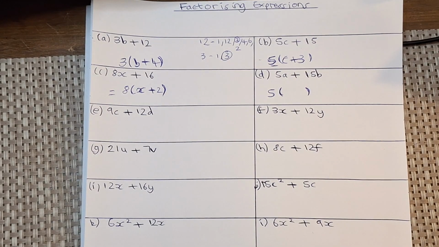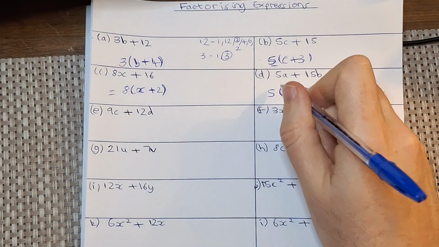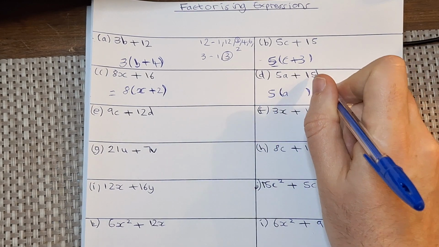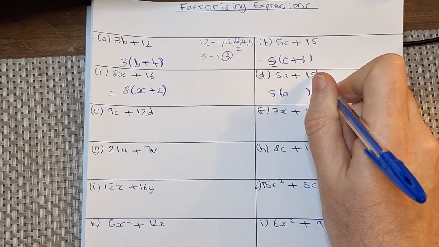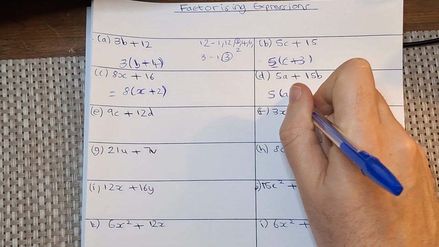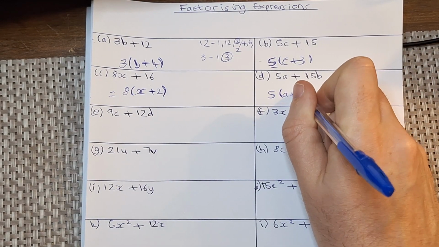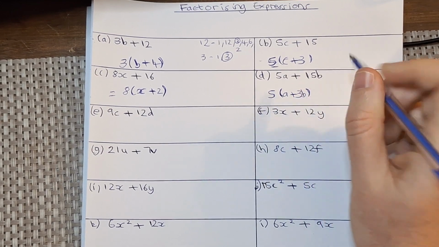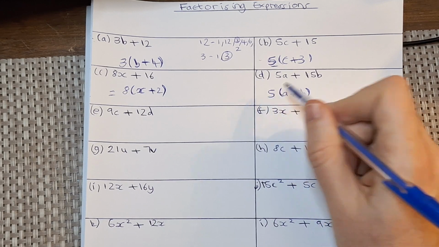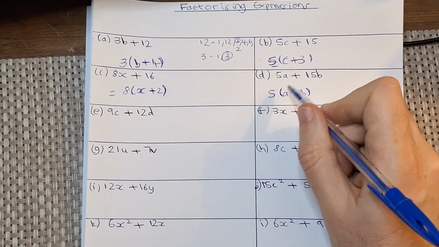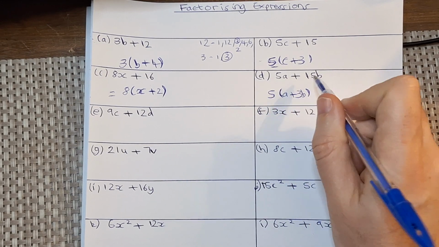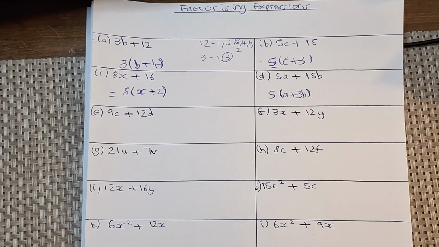Having 5 outside the bracket, 5 times a equals 5a, and 5 times 3b is 15b. Notice here you're not simply multiplying the number: 5 times 3 gives 15, but we have to do the letter as well. 5 times 3b makes 15b.